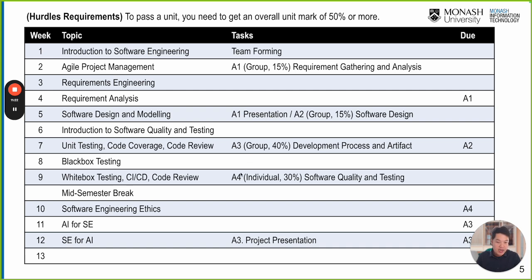And then A4 is individual work. It is weighted 30%. It is about software quality and testing. We will consider A4 like a midterm take-home exam. We're going to give you another requirement.